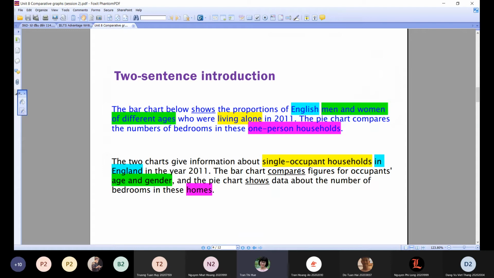Now let's take a look at the introduction. And usually for the introduction, you write one sentence, but in this case, you see 2 sentences. Can you explain why you should write 2 sentences in this case? Look at the sentence in black, not the one in blue.